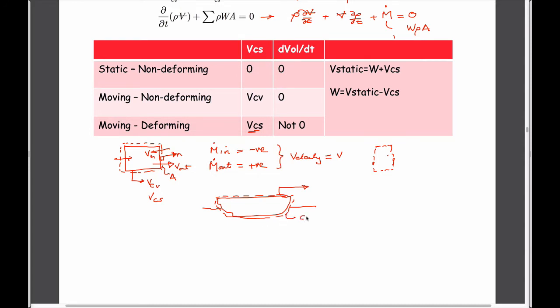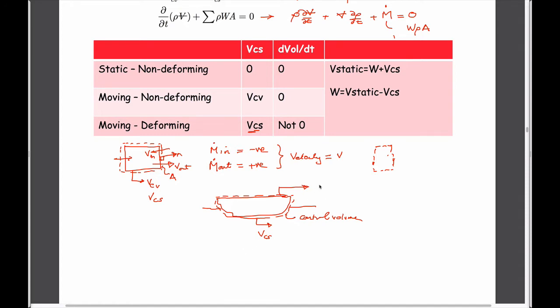And we could imagine that that boat is going at some velocity. We'll call it either VCS or VCV. Actually, let's do it as a control surface, because then that becomes good enough for everything.